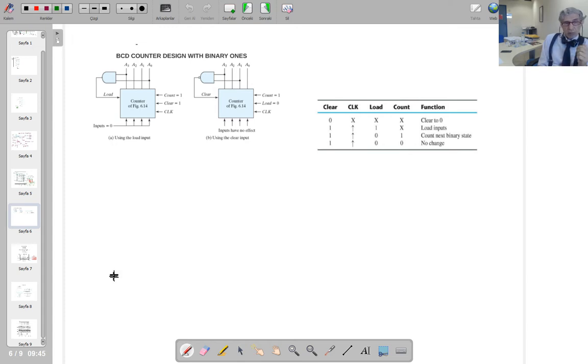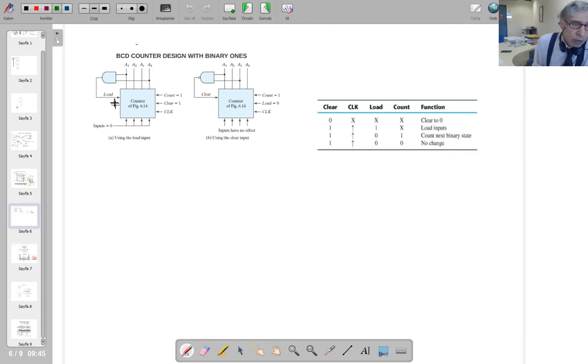Now we are saying, because of the additional control inputs that we have in this universal counter, we could transfer this binary counter to a binary coded decimal counter. How we are going to do it, there are 2 alternatives seen here. Look at this alternative now.